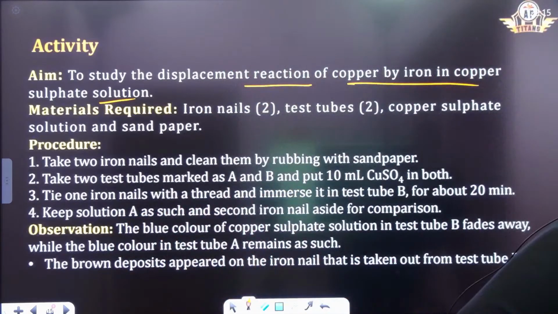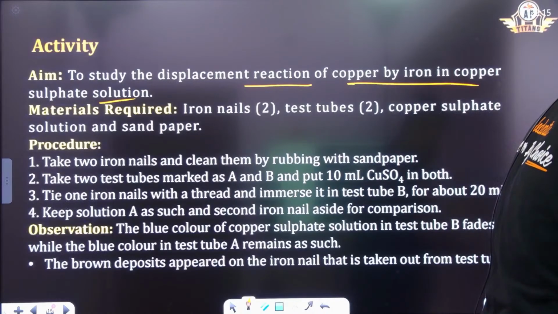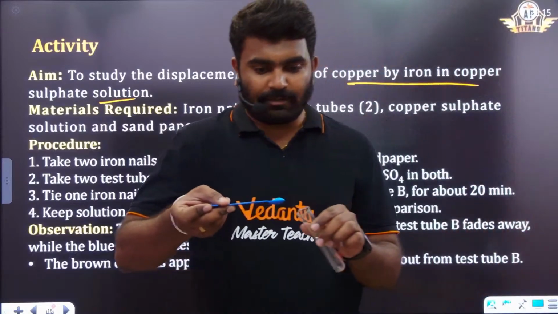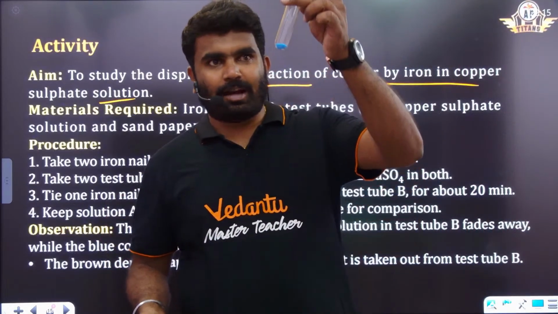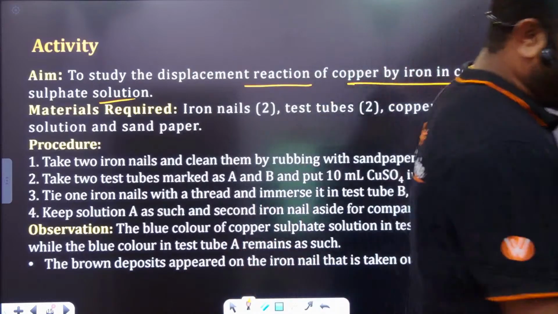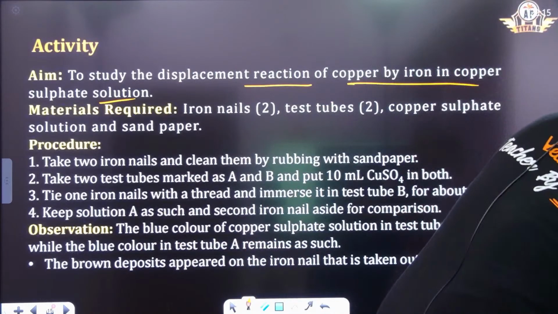I don't have an iron nail, but I'll try to do this with copper sulfate. So I am taking this copper sulfate in a test tube. I now have a boiling tube with me. So copper sulfate is taken in the test tube, beta.